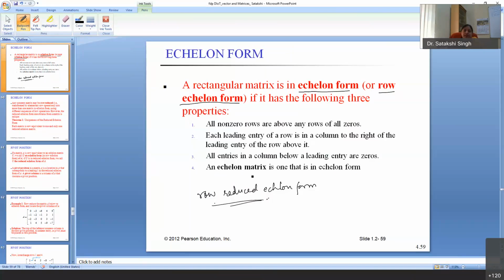First, let me tell you what the row echelon form is. A matrix is in row echelon form if it satisfies these four conditions. That is, all non-zero rows are above any zero rows of the matrix. I will give you one example here by writing this matrix: 1 0 0 2 1 0.